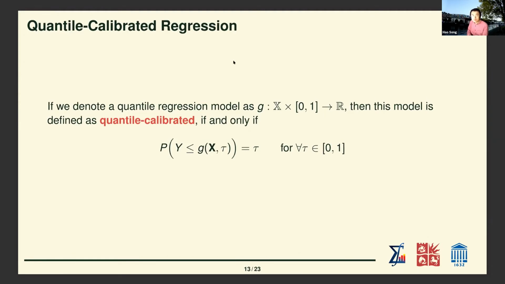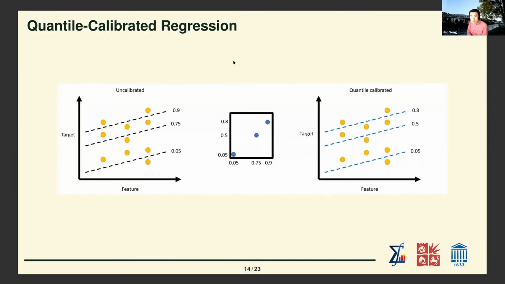Could you go to the next slide, Peter? So here we can give an example of post hoc quantile calibration. If you check the left figure, the first dashed line is the predicted 0.9 quantile, but there are a total of 10 points, and you will realize 8 points are below the dashed top line, and 2 of them are above it.